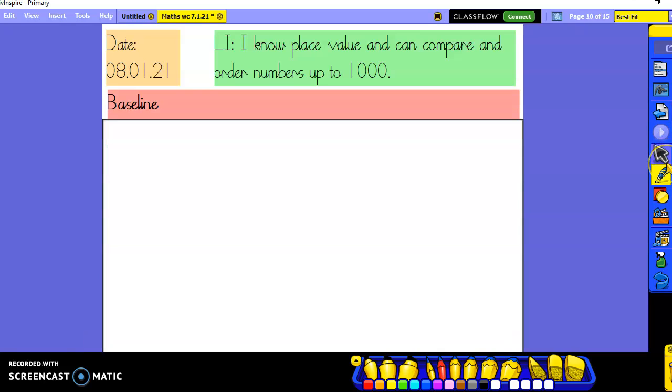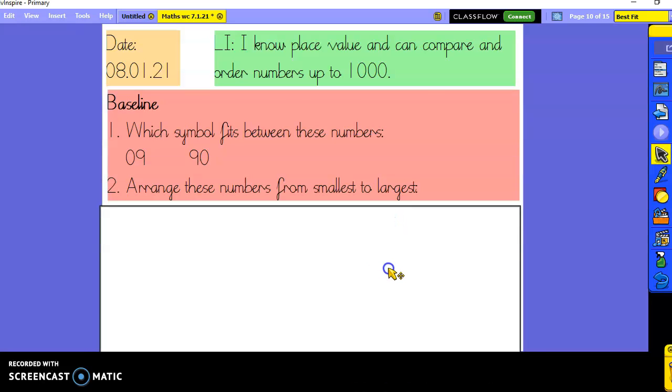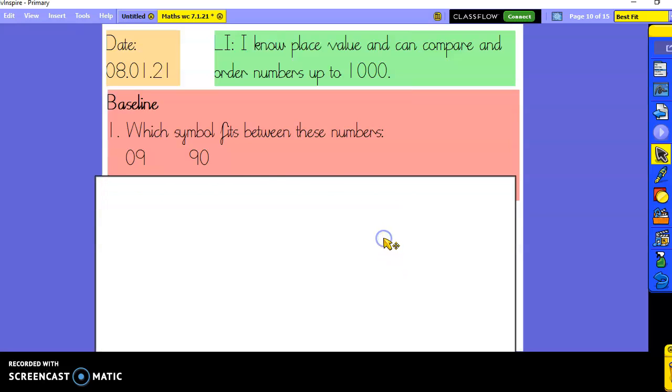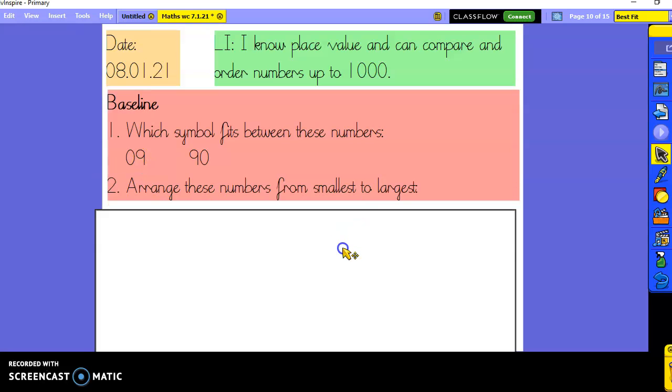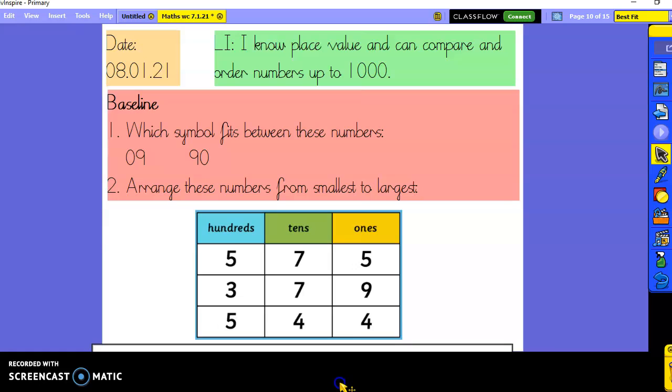So let's have a look at our baseline questions before we move on. Which symbol fits in between these two numbers? Second question. Arrange these numbers from smallest to largest. Absolutely right there.